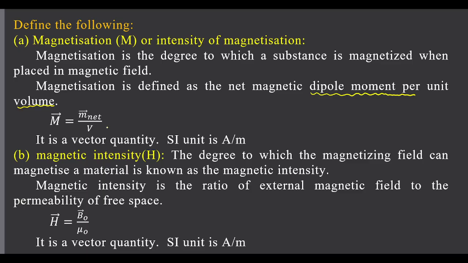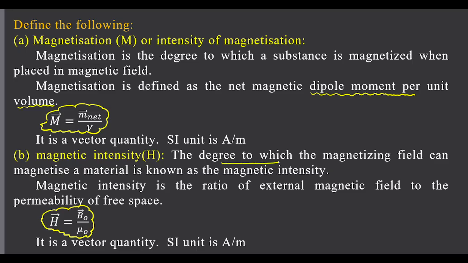That gives you magnetization, how much the material has got magnetized for the applied magnetic field. Magnetization is given by M, and magnetic intensity is given by H, that is B divided by mu, or B naught divided by mu naught. So how do you define it?